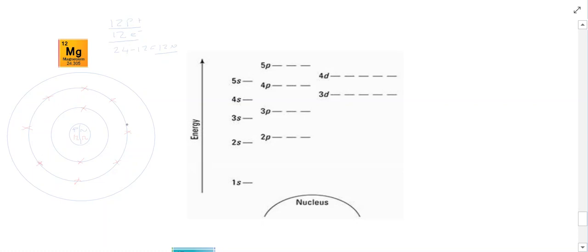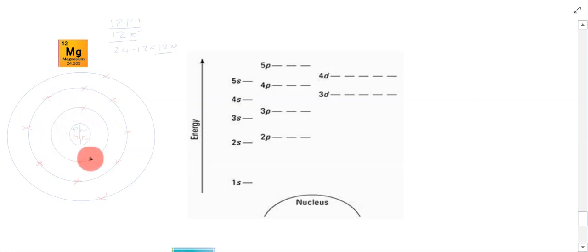That gives us 10. Then in the outer energy level we have the 2 valence electrons, like so. That's what it looks like, and these lines roughly represent energy levels. So you have these distinct levels with electrons in them.